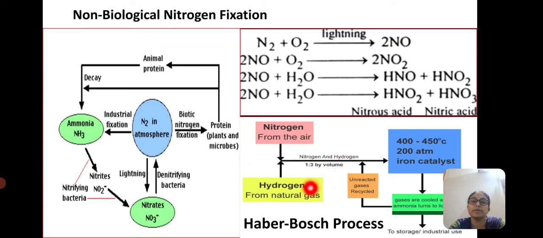Then, in brief, we can discuss the Haber-Bosch process, that is the industrial or chemical nitrogen fixation.